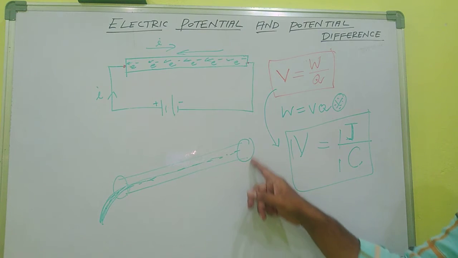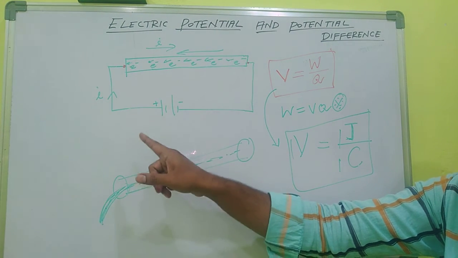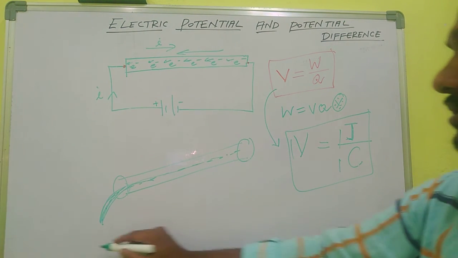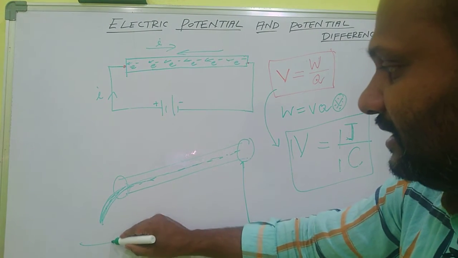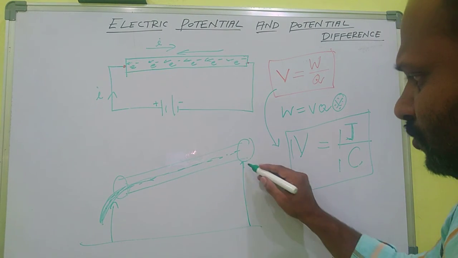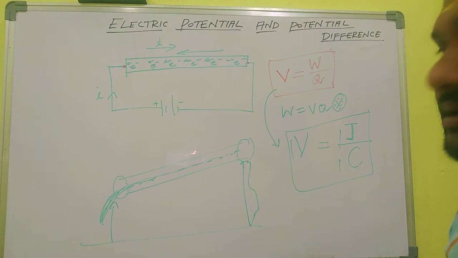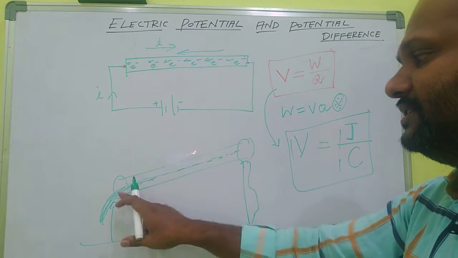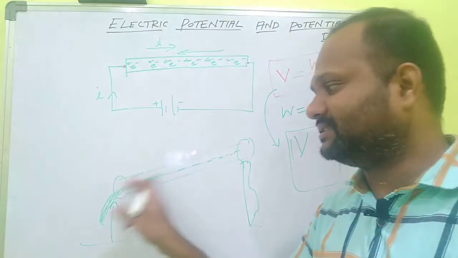Here the height from the ground is much greater, so the potential energy is greater. Here the potential energy is lesser, so there is a difference in potential energy between these 2 points. That makes the water flow out from this end.